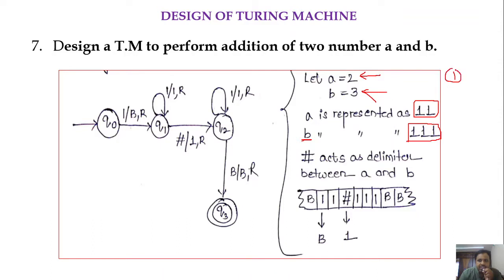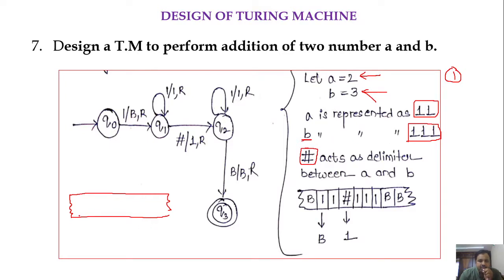Next, generally, if we take an input tape, that input tape must have these two inputs. These two inputs must be separated by some delimiter, so I have taken the delimiter as a hash. You could take any delimiter symbol except blanks.